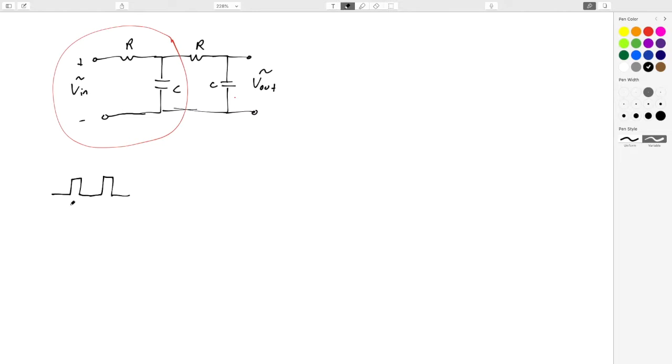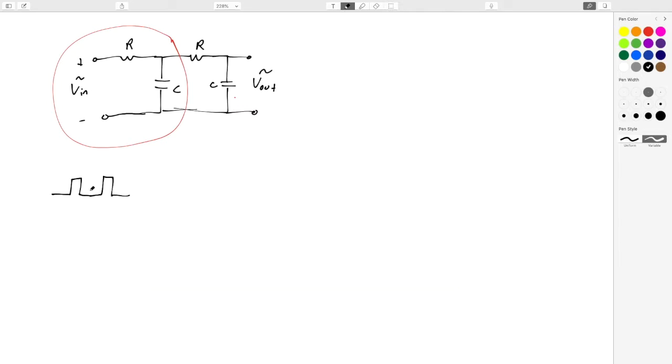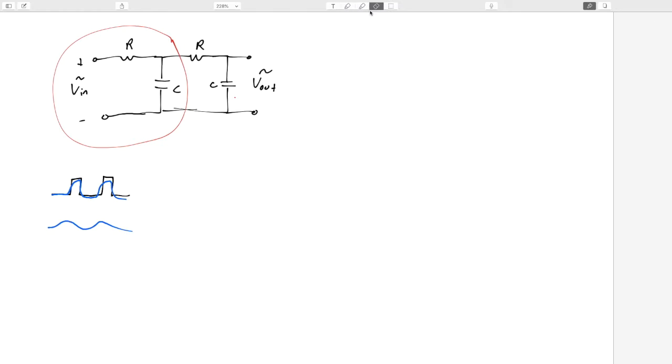They low pass them. The sharpness of a square wave is a result of high frequency components when you break it down into its FFT. Because this filter passes lower frequency components with a higher preference than higher frequency components, it removes a lot of this, and you end up with signals that look rounded, and you get a weird phase lag. Eventually this can degrade, with a long enough cable, to the point where you have a hard time discerning what is a 1 and what is a 0.